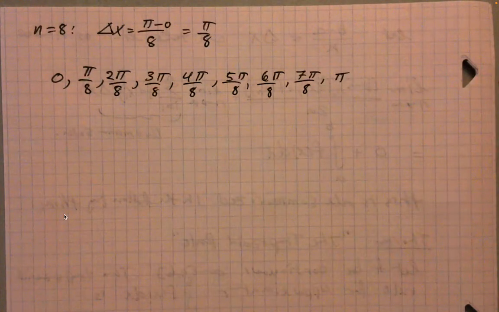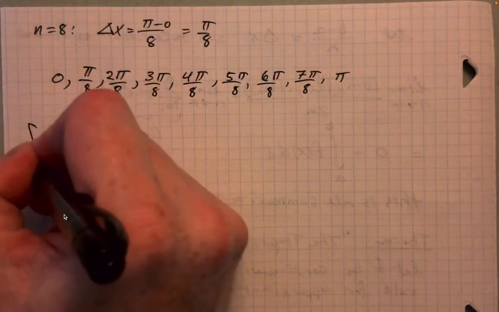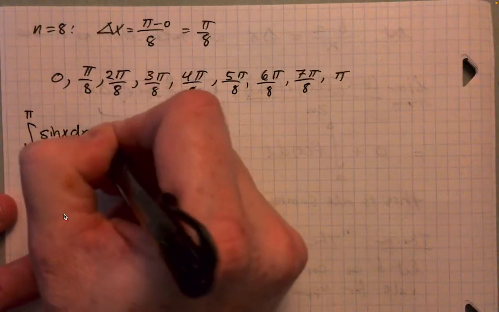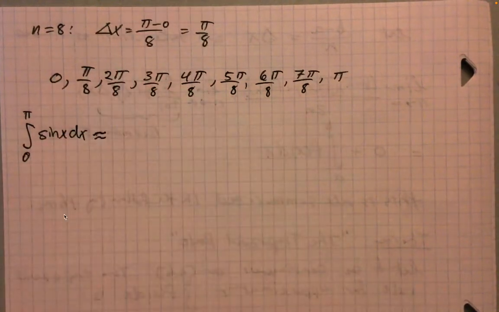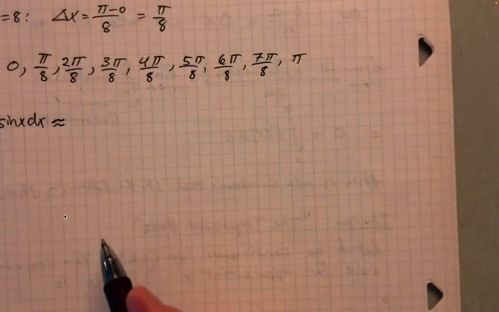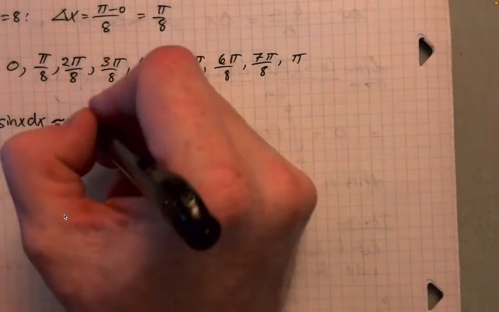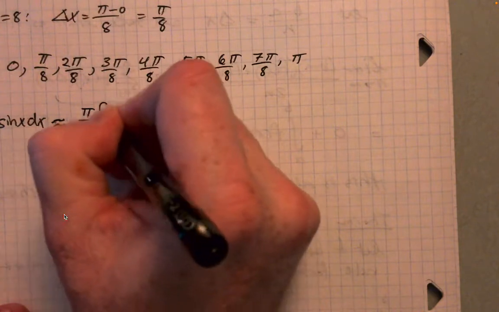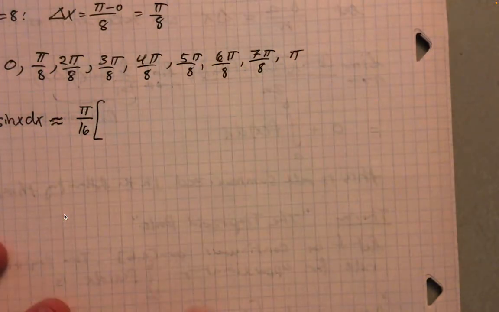Right, so there's your breakout. And so then the integral from 0 up to pi of sine of x dx is approximately b minus a over 2n, so that's going to be pi over 16. Okay, you just got to plug all of these values into sine.